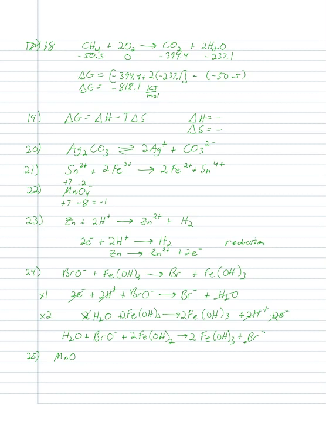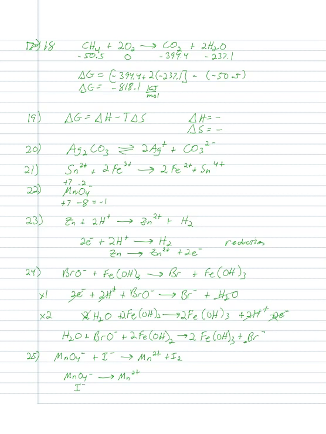All right, last one. We got permanganate ion plus I minus going to Mn2 plus and I2. We're going to do this in acid. So we've got MnO4 minus going to Mn2 plus.